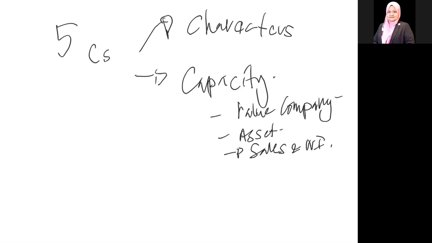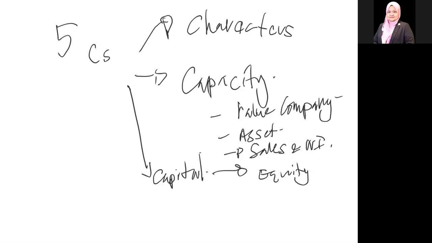Third is capital. So we will see the capital structure of the company. We will look into the equity as well as the debt. So is the company more financed by debt, or is the company financed by equity?